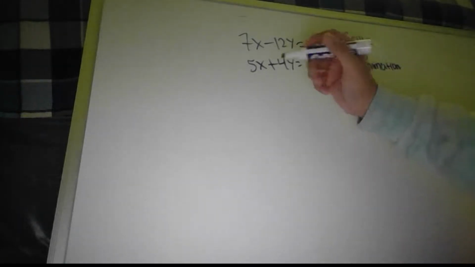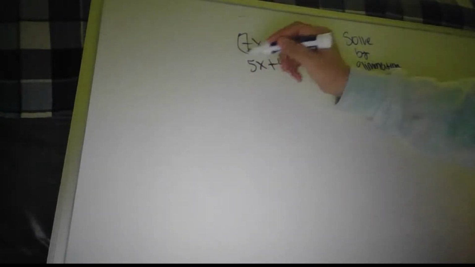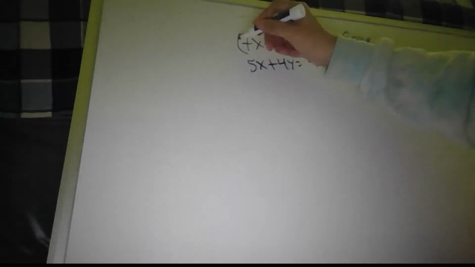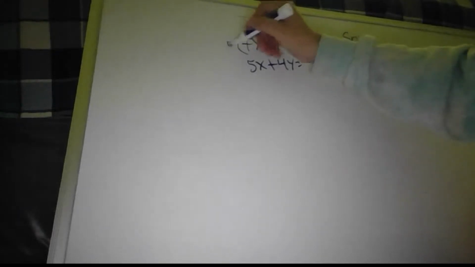So the point of elimination is, whatever number you multiply, if you're trying to cancel this one out, let's say I multiply by 5.